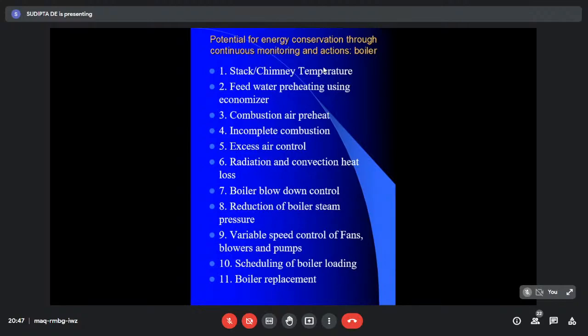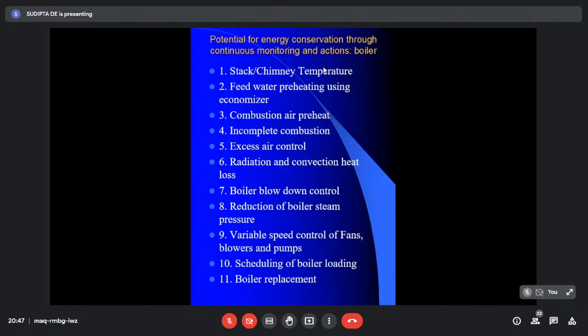Then the next point is point 2, feed water preheating using economizer. I thought that in the waste heat recovery process I would explain the economizer, but as I could not, due to lack of time, I will just make a short sentence here. What is it?